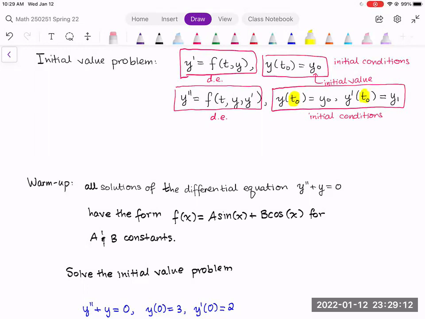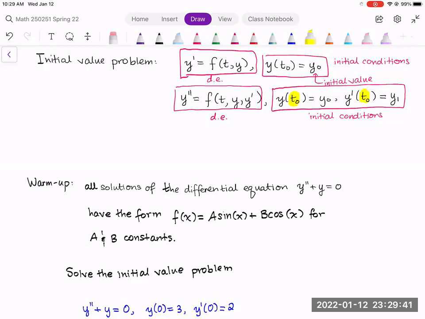Okay. So there are variations of this. In 251, we'll be looking at these especially where we might be given values of the function at two different times, or we might be given derivatives of the function at two different times. But when we have the same time, the same input for both the function and its derivative, this is called an initial value problem.